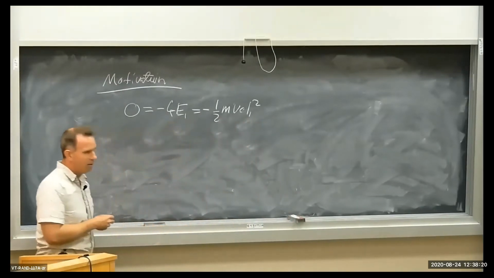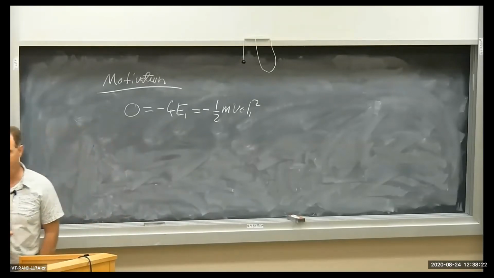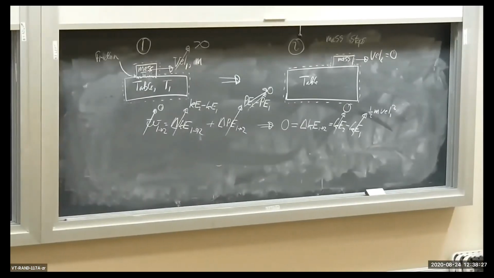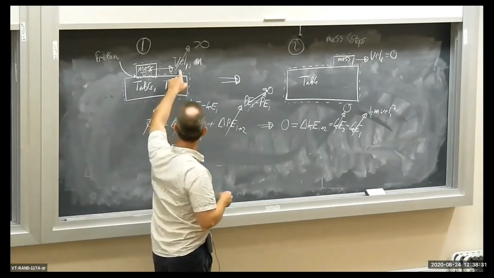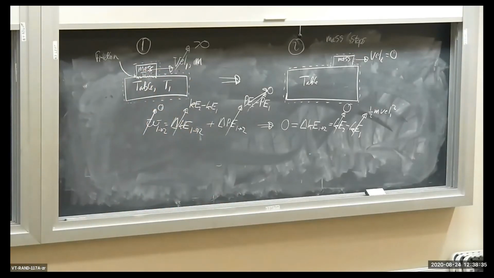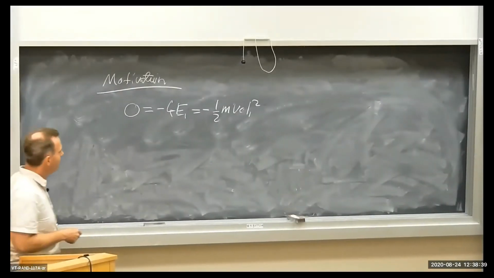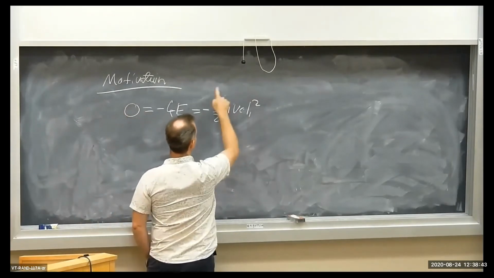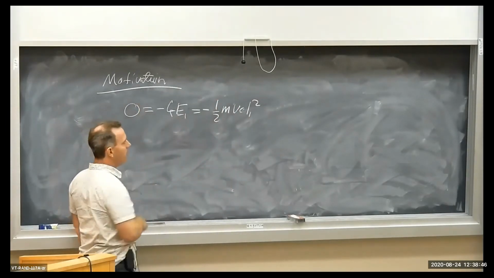Now, velocity 1. What the world is velocity 1? It's greater than 0. So the mass is moving from left to right. So velocity 1 is positive, greater than 0. But this equation says that all this has got to be equal to 0.